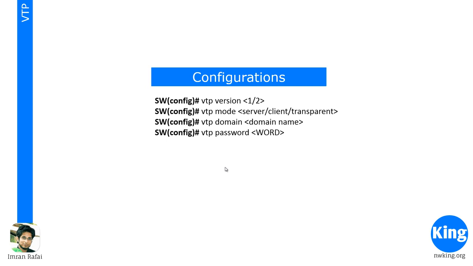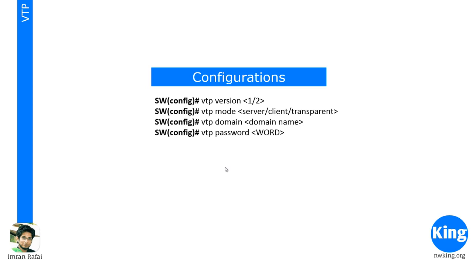But VTP, like we discussed, is a VLAN syncing protocol, which makes sure that the VLAN database is in sync with all the switches in the network, right? So we discussed how we have different modes for VTP. We have VTP server mode, client mode, and the transparent mode.